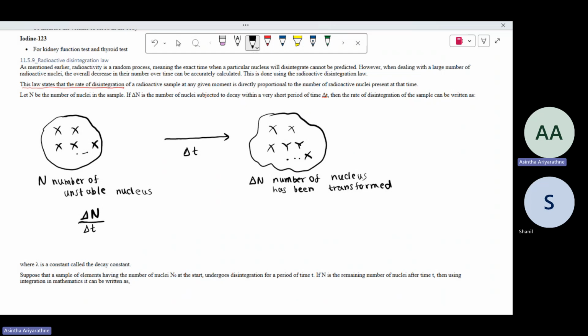The rate of disintegration of a radioactive element at a given moment is directly proportional to the number of radioactive nuclei.